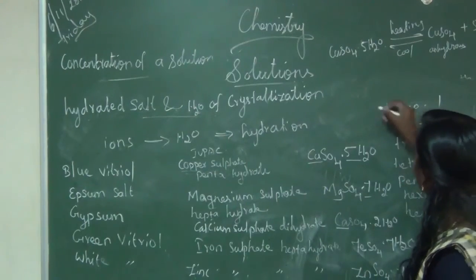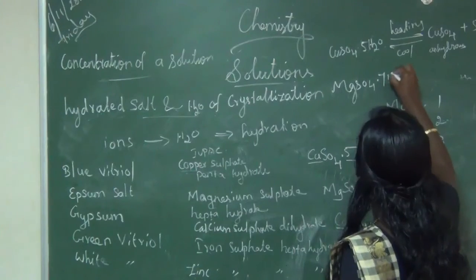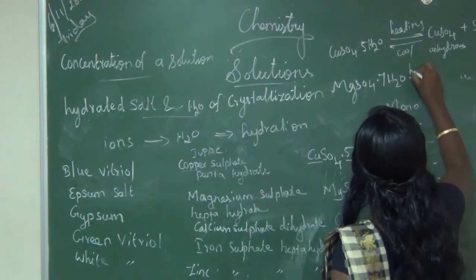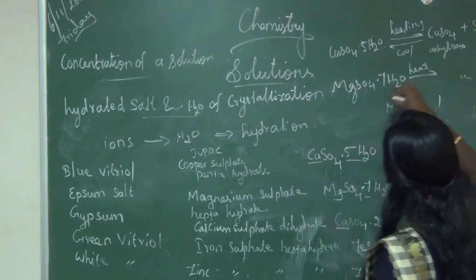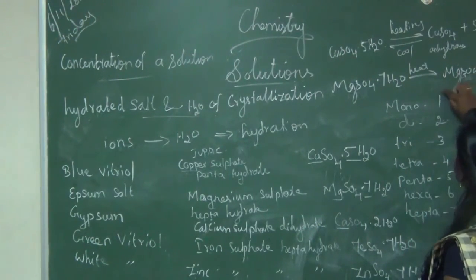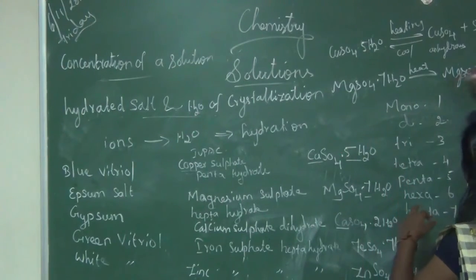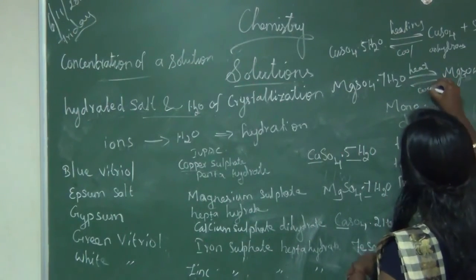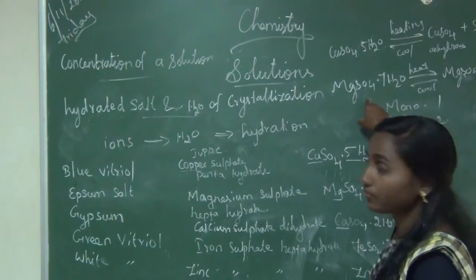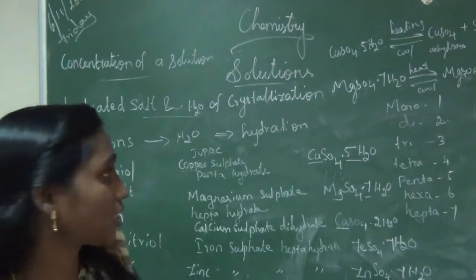On heating, MgSO4.7H2O loses its water molecules to form anhydrous magnesium sulfate, MgSO4. On cooling, again it comes back into magnesium sulfate heptahydrate. Have you understood these crystallization salts?